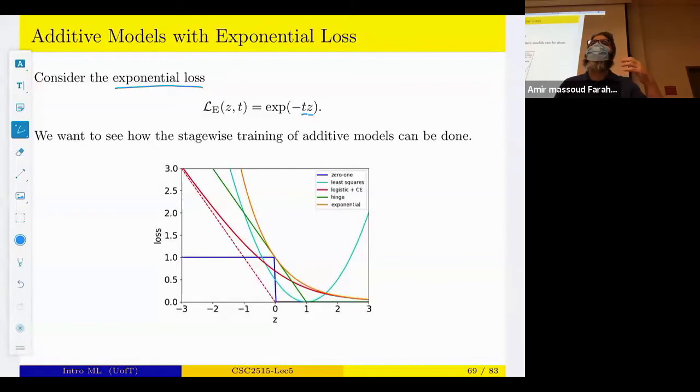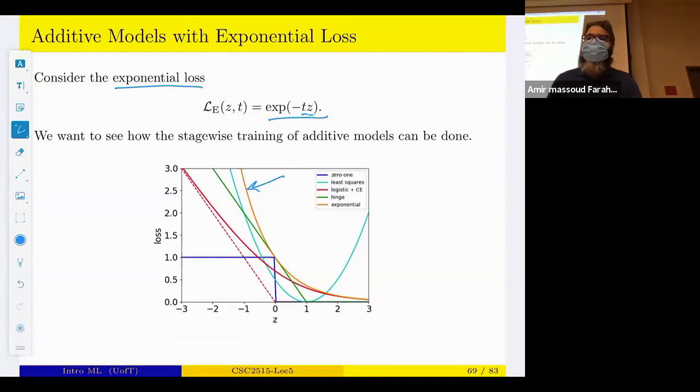It is essentially the output before computing the sign of your model, very similar to what we had for the support vector machine or logistic regression, before the output of the linear model goes through the logistic activation function. That's the same Z. So this would be the exponential of minus Z times T, and this is how it looks, the orange curve.